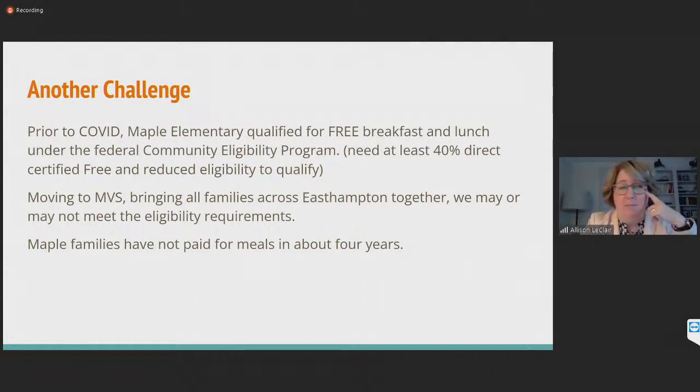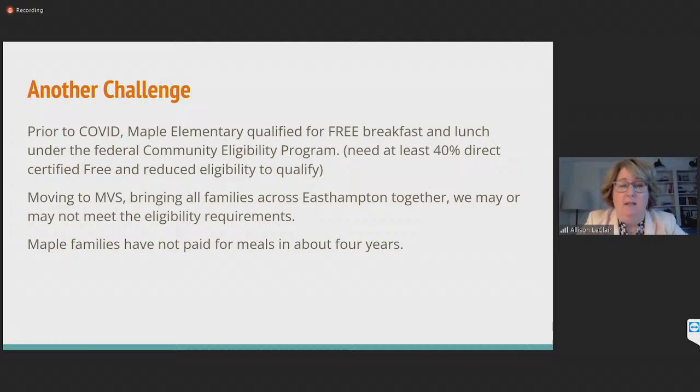So Maple Elementary qualified years ago for free breakfast and lunch before the pandemic under the federal community eligibility program. They had at least 40% direct certified free and reduced eligibility to qualify. So that means they had a lot of students that met that threshold in the state.